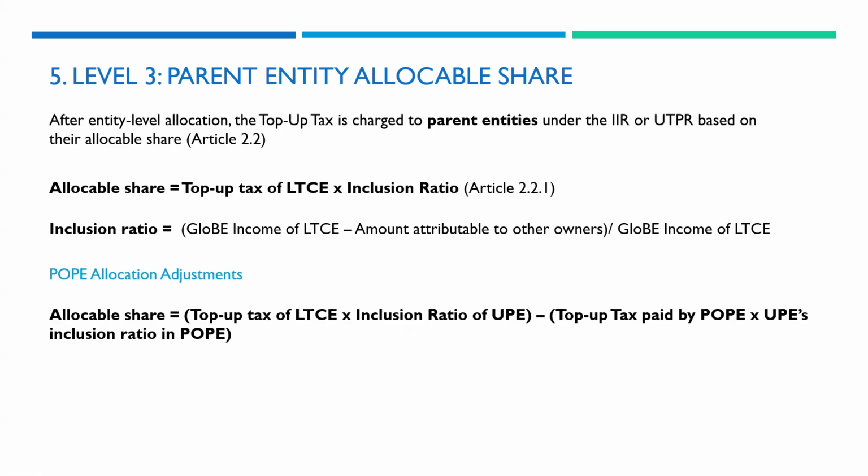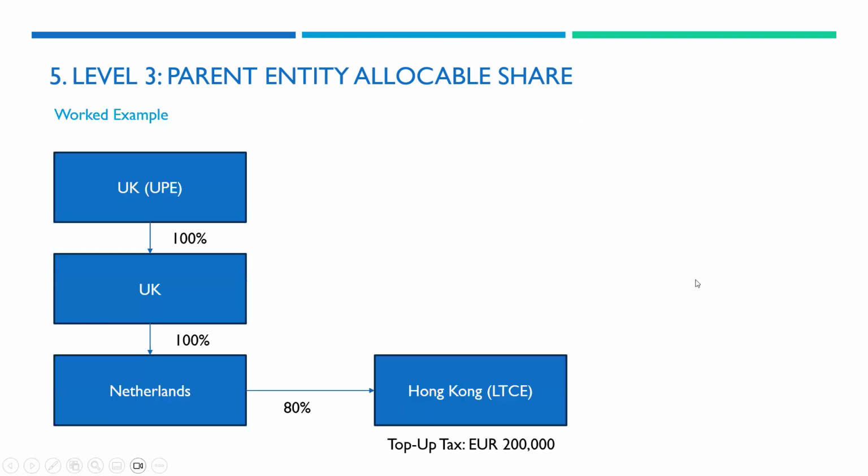Are you understanding the high-level, bird's-eye view of how things will go? Fantastic. Now, this question is for you guys. Tell me in this manner, how would I do the top-up tax calculation? I told you there is a hierarchy. First is jurisdictional level, then entity level, then it will go to parent level, right?